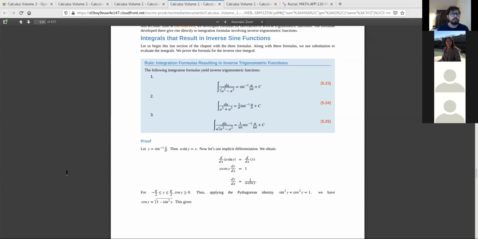You can do this using the inverse rule. I showed you some of the things that we need to do to figure it out. But I'm not going to spend too much time here.